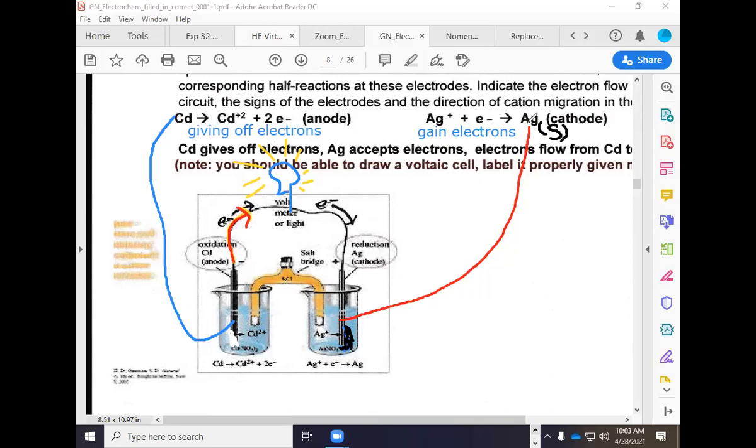And again, back to your half reaction, you see that the silver cathode is taking the electrons, and that's how you know the flow goes towards the silver. So this is explained pretty much from the half reactions and our definitions and understanding what's happening here. You get the half reactions correct, and then everything else just falls into place.